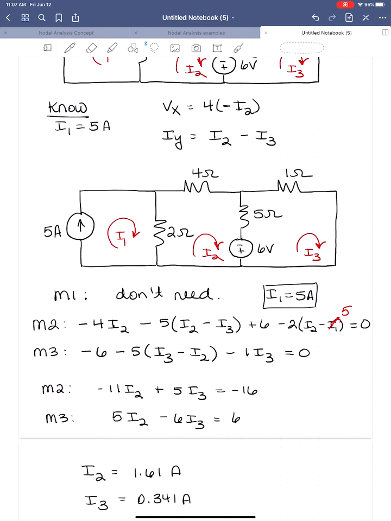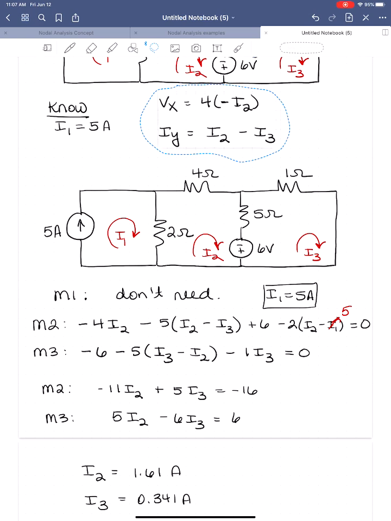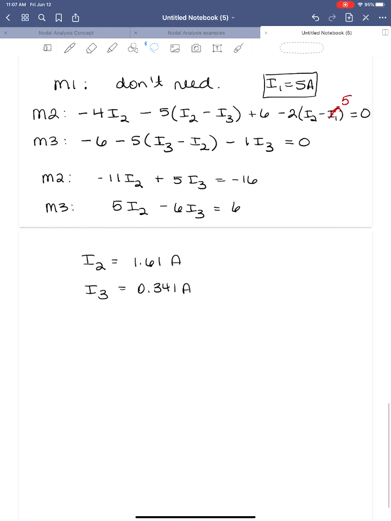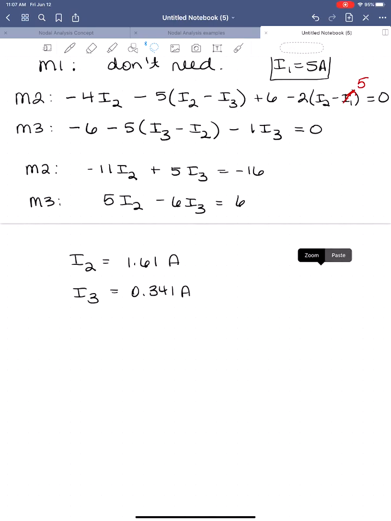I'm going to grab these and bring them down. So remember what we were solving for ultimately? We were solving for Vx and Iy.